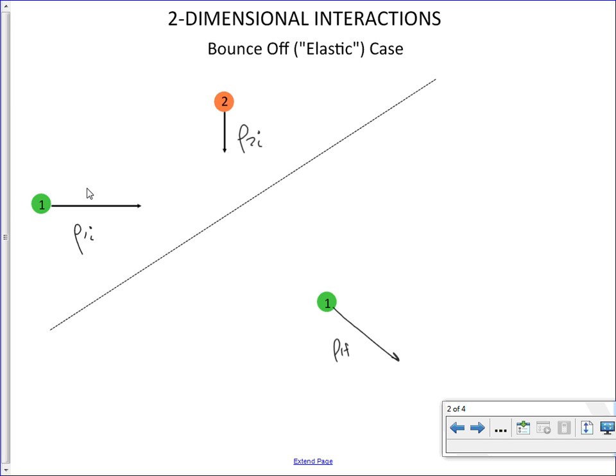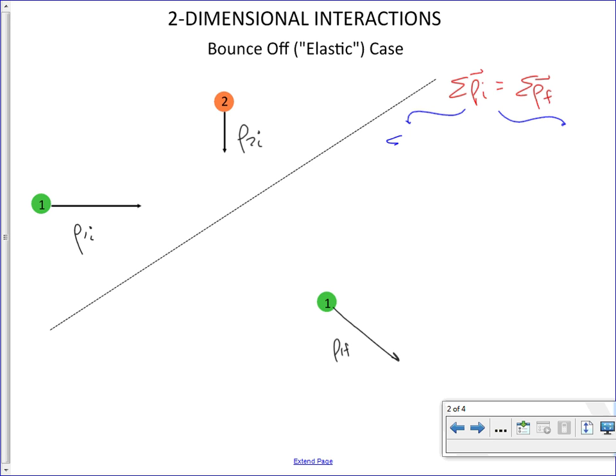Well, we still have to use the fact that the net initial momentum is the same as the net final. But here's what this actually means. We can actually turn this into two statements.